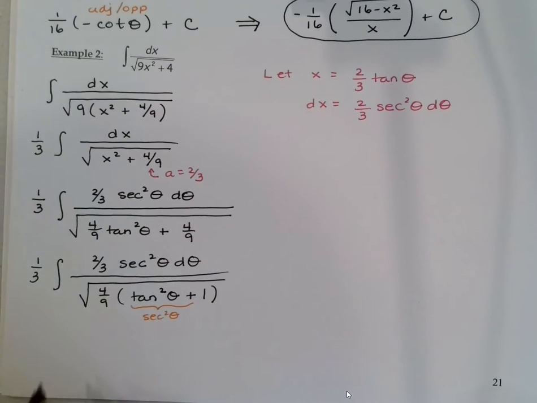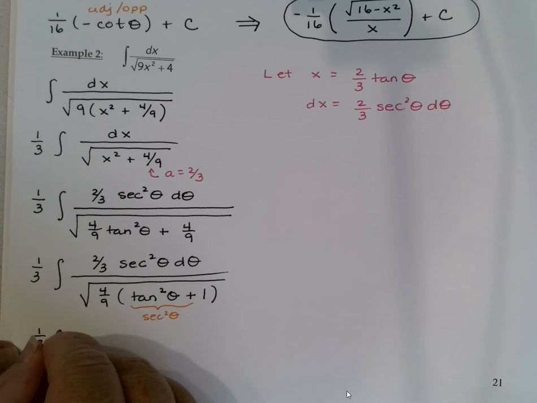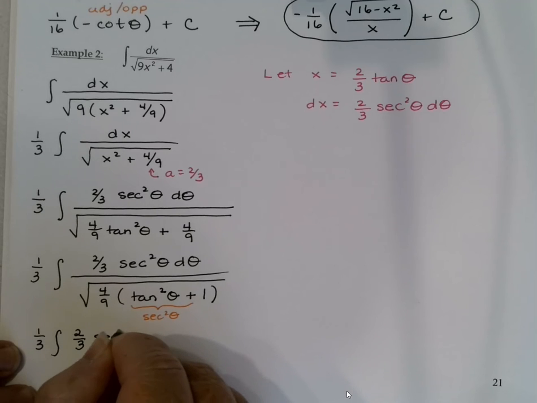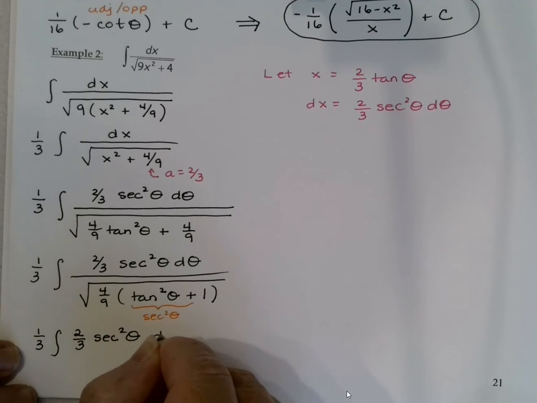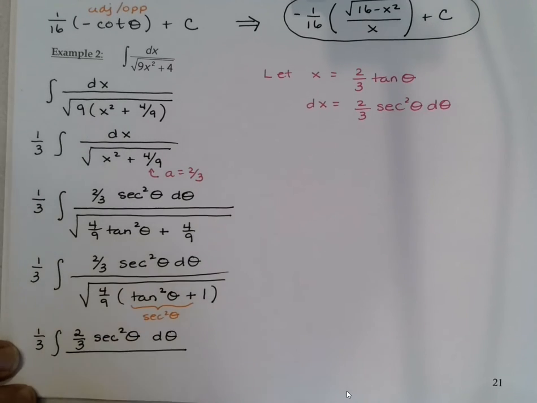So in fact, what I have here in my denominator is the square root of 4/9, which would be 2/3, and then the square root of secant squared theta would just be secant theta.